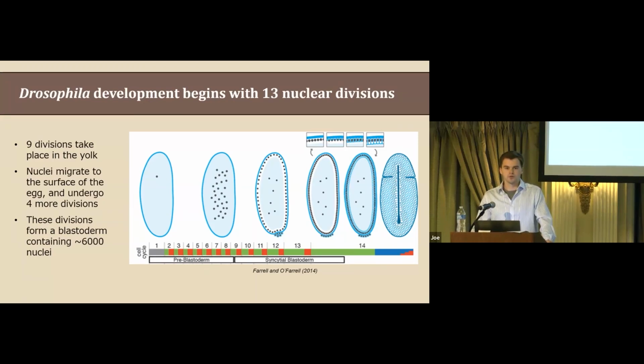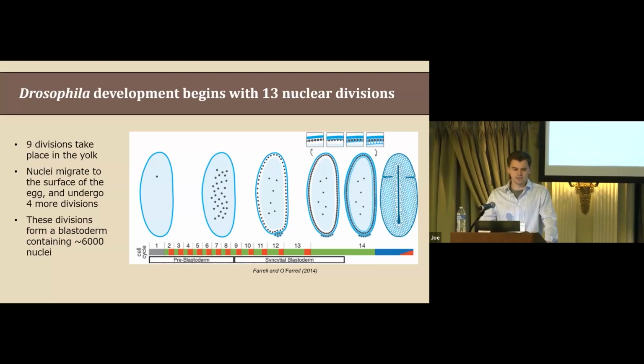So for those who have not seen this embryonic system before, in Drosophila, these early cleavage divisions happen really fast. Over the first 2.5 hours of development, the Drosophila egg, which is about 0.5 millimeter long, goes from one single nucleus to around 6,000 nuclei.